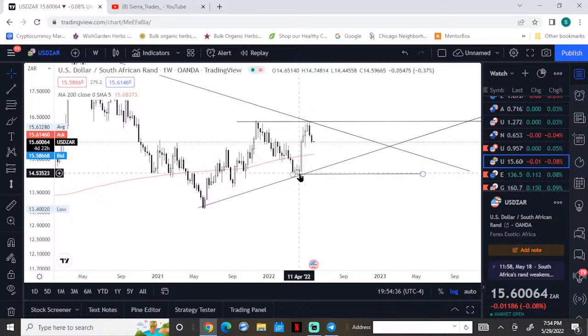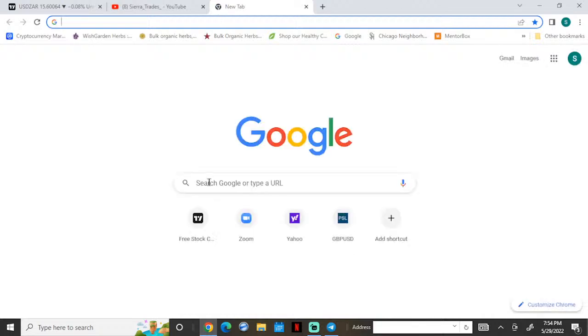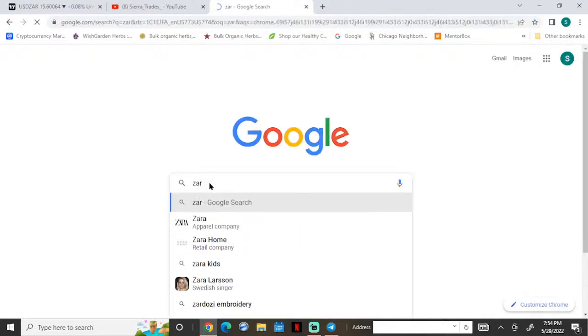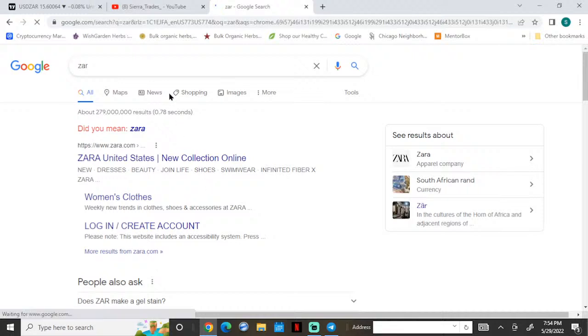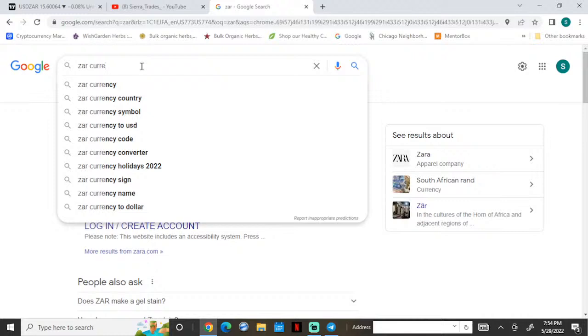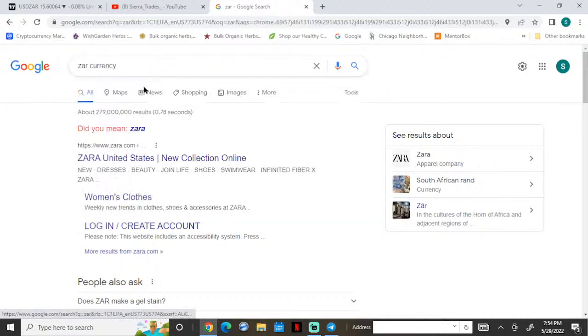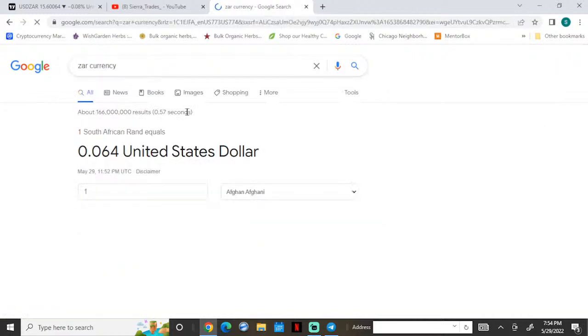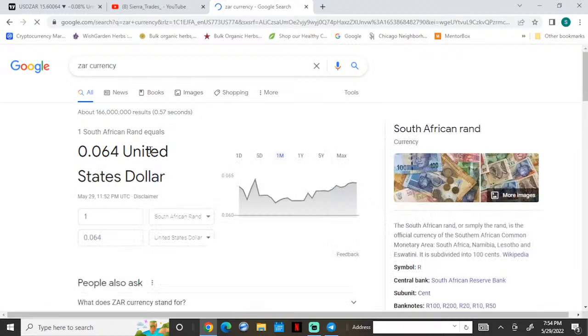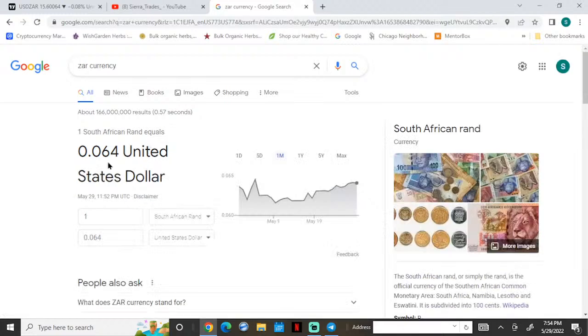The ZAR. Hold on, let me look because I know this is an African currency, but the ZAR ain't never been so rich. I mean, let me see. Wow, 64 cents. 62 cents. Let's see.